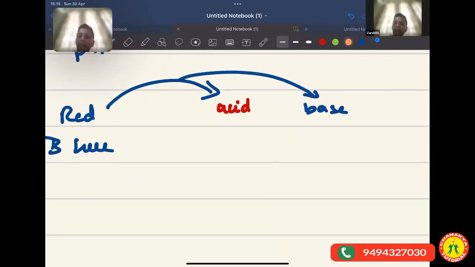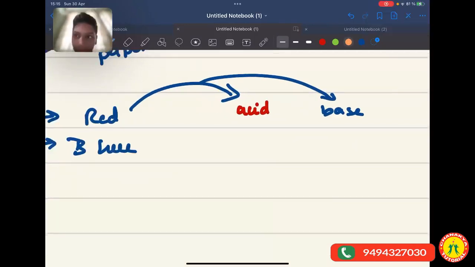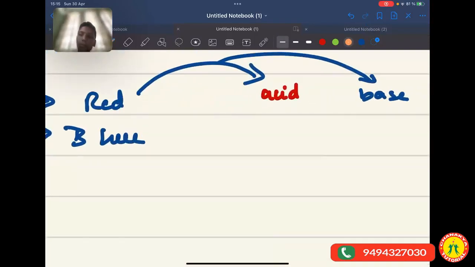Blue color. Whereas if you take a blue litmus paper and dip it in acid, then, ma'am, red color. And if you put it in base, ma'am, it will not change. Okay, this is how litmus papers work.